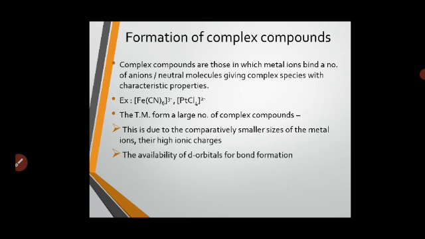It is due to the comparatively smaller sizes of the metal ions and their high ionic charges, and the availability of d orbitals for bond formation. So if you don't remember any other reason, at least write that they contain partially filled or incomplete d orbitals.